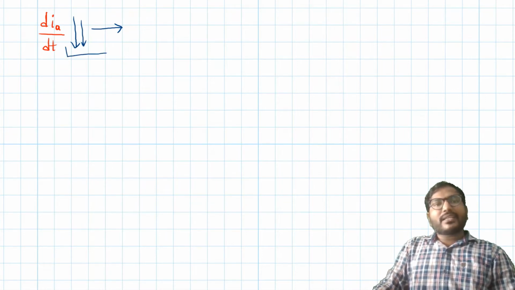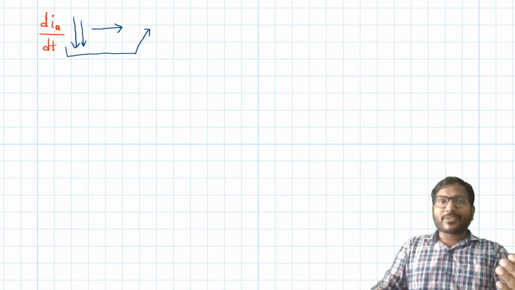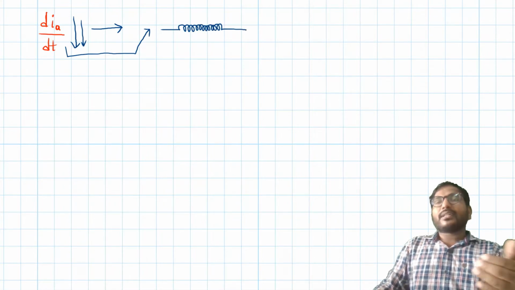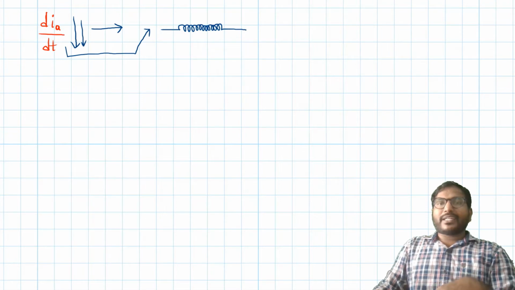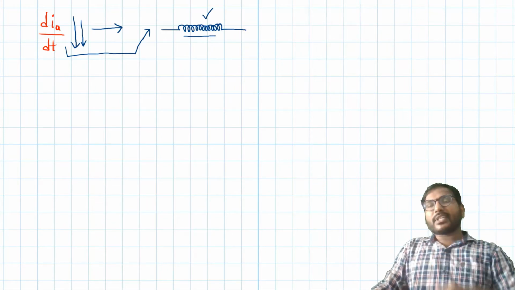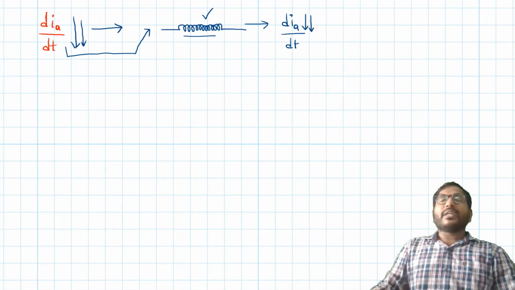We can reduce the rate of rise of current by placing an inductor in series with the SCR. What is the property of an inductor here? It opposes sudden change in current, that is change in current with respect to time. So the inductor takes responsibility to decrease the change in current, and in this case we can reduce dI/dt.